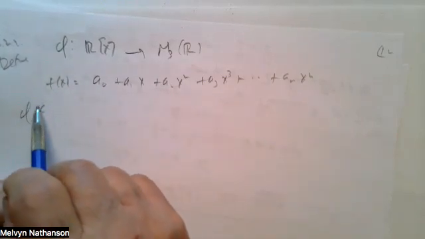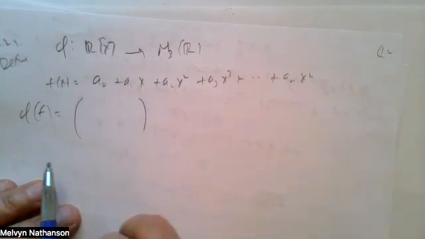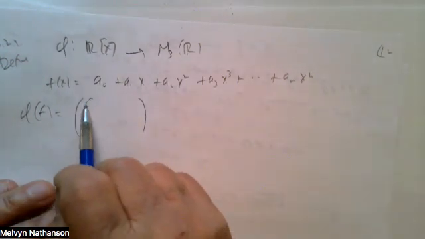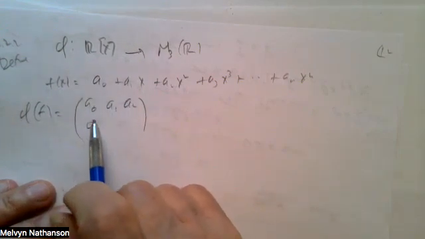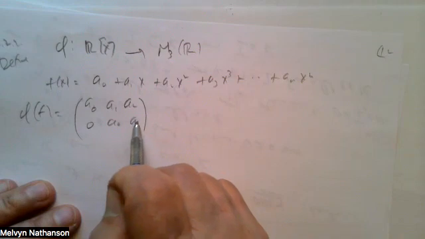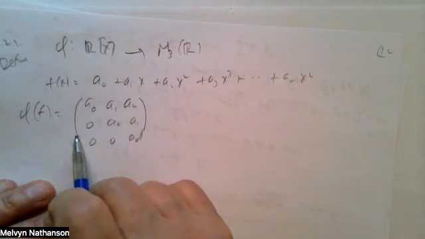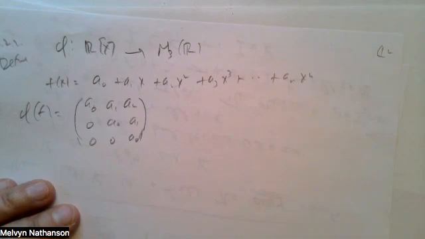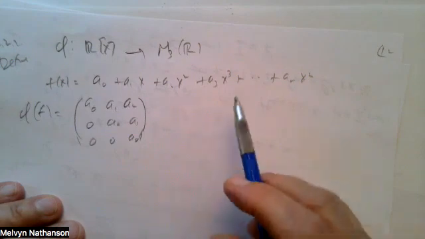Define phi of this polynomial f to be the following 3 by 3 matrix: A0, A1, A2, 0, A0, A1, 0, 0, A0. So this assigns to every polynomial a matrix.